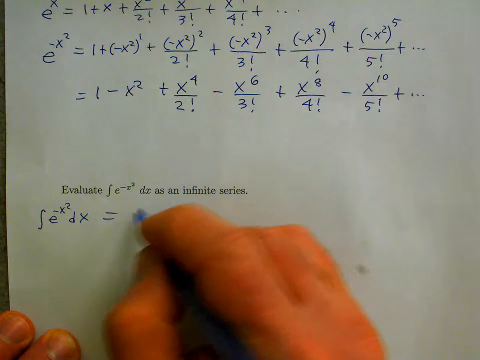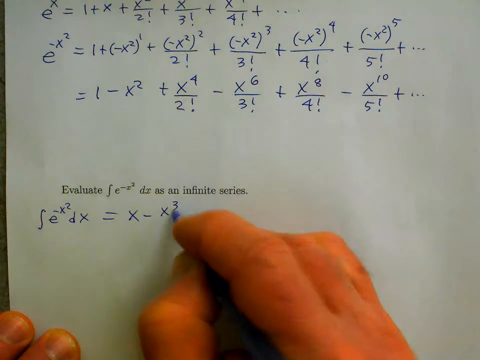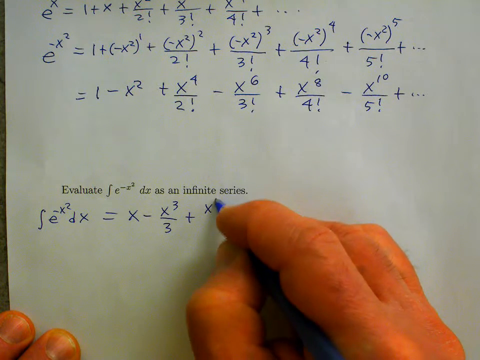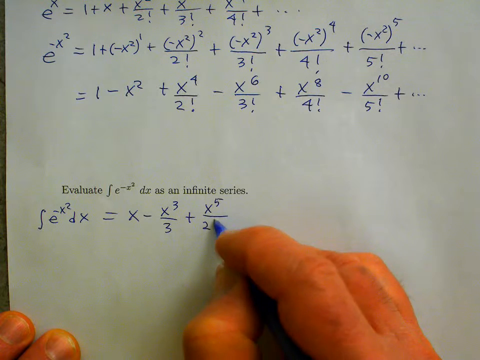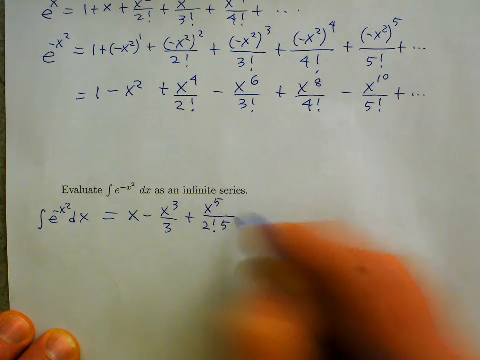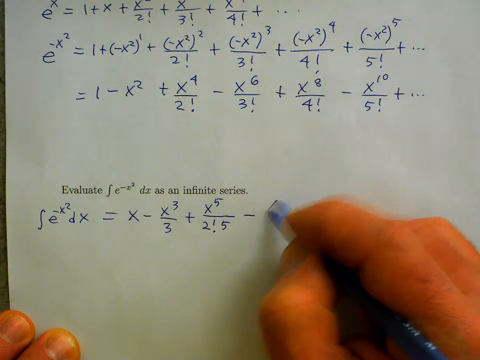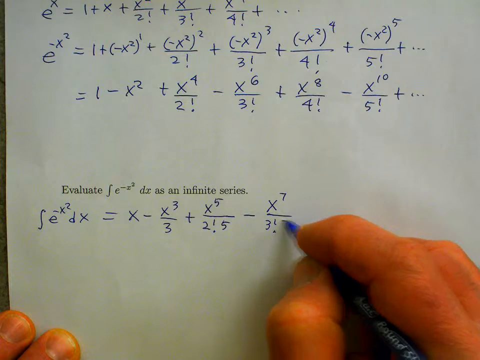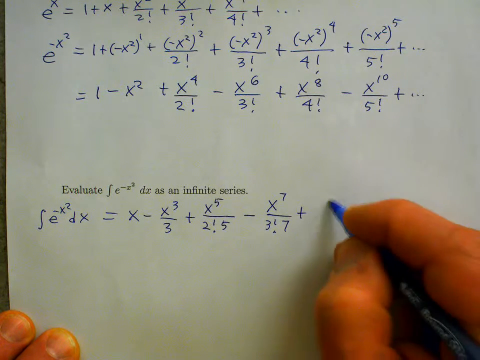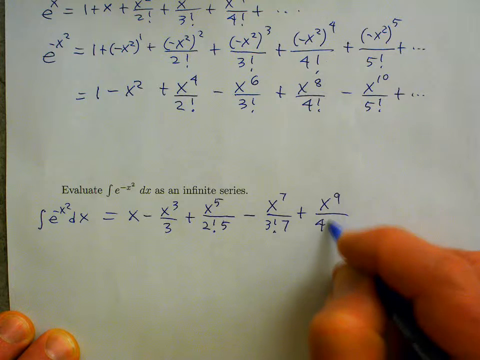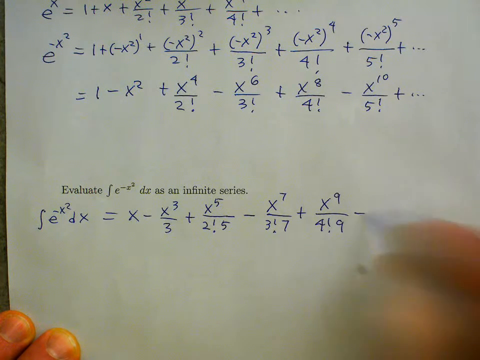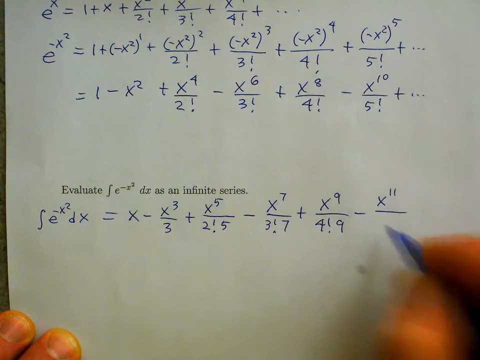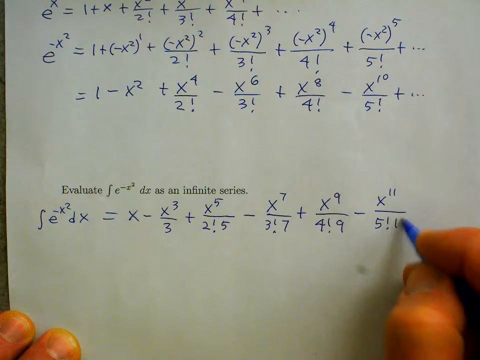Okay, so we get x minus x to the 3rd over 3 plus x to the 5th over 2 factorial times 5, minus x to the 7th over 3 factorial times 7, plus x to the 9th over 4 factorial times 9, and then minus x to the 11th over 5 factorial times 11, and so on.